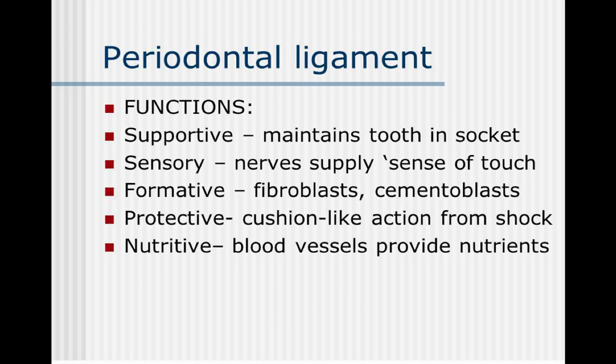Periodontal ligament functions. First, supportive, maintains the tooth in its socket. Sensory, nerve supply, sense of touch. Formative, fibroblasts, cementoblasts. You know that fibroblasts make the ground substance and fibers.